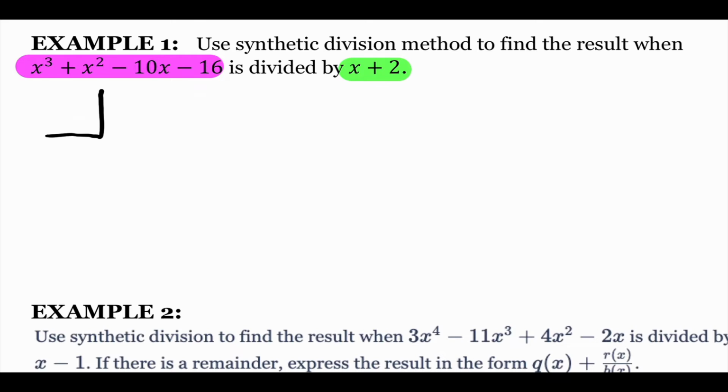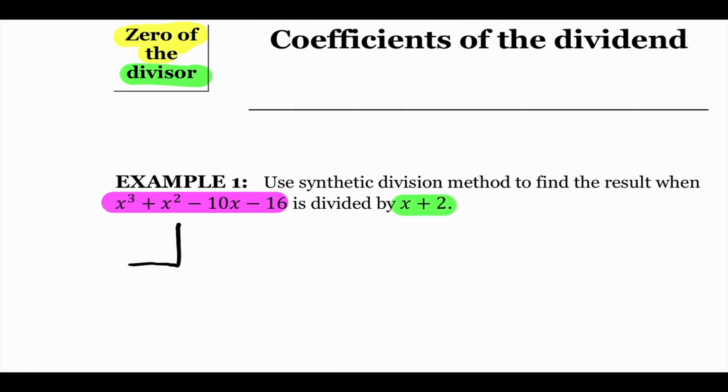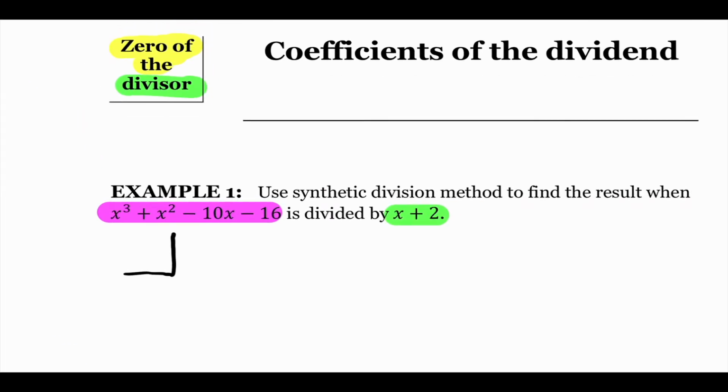Now the green is going to go in front, but not the whole thing. I don't need all of x plus 2. I just need the 0 of x plus 2. In other words, what would I plug into this guy to make it 0?